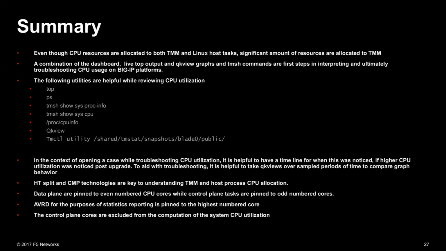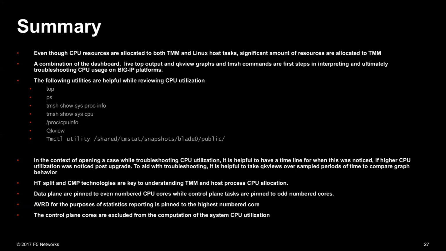If we want to troubleshoot and we know that we can see high CPU on a TMM core, we will need to rely on these commands, on TMSH show sys proc-info or TMSH show sys cpu. Also, you can use the proc cpuinfo and the QKView, as we did right now. Basically, just review the graphs on different intervals to confirm what's going on.